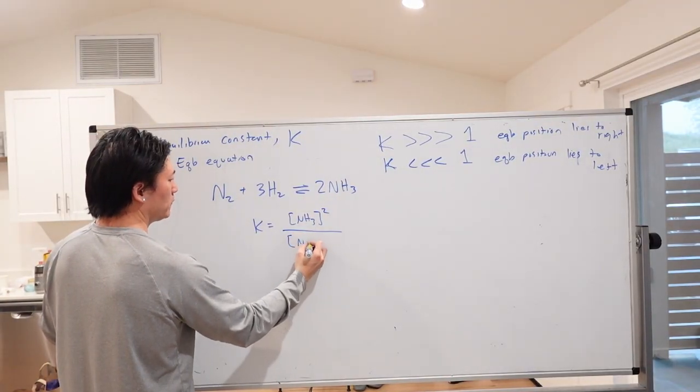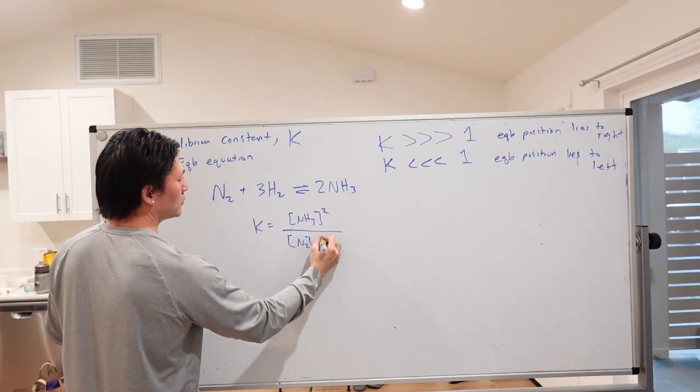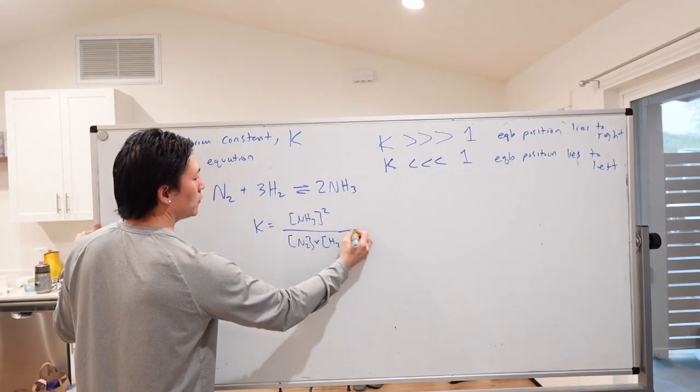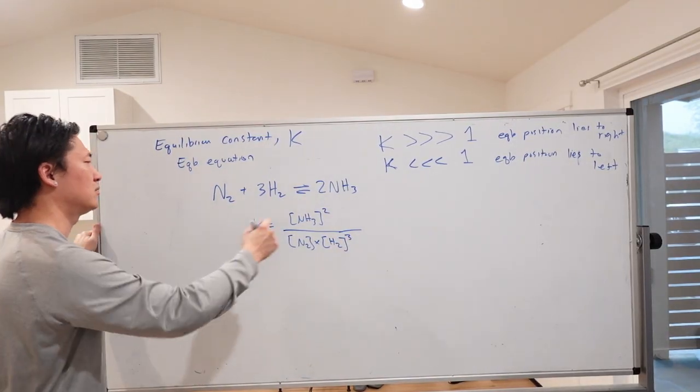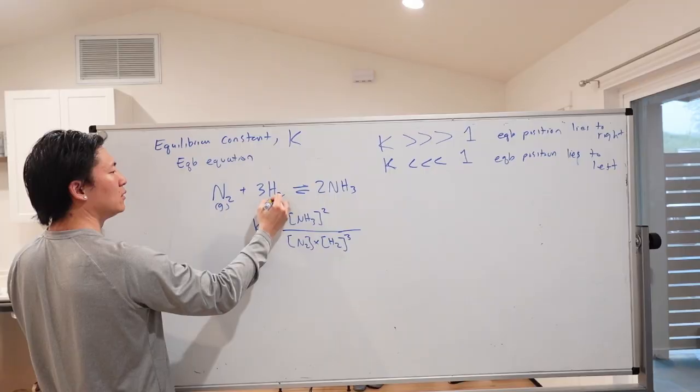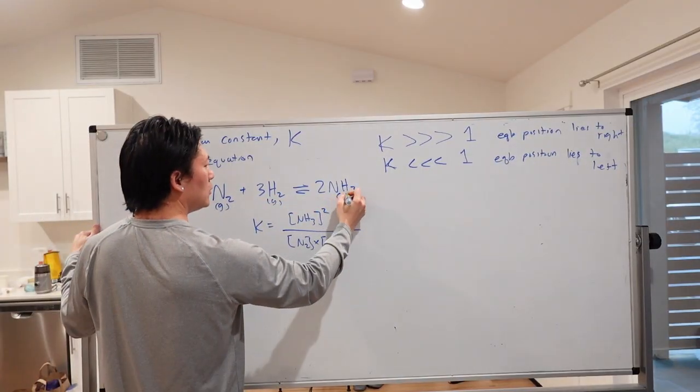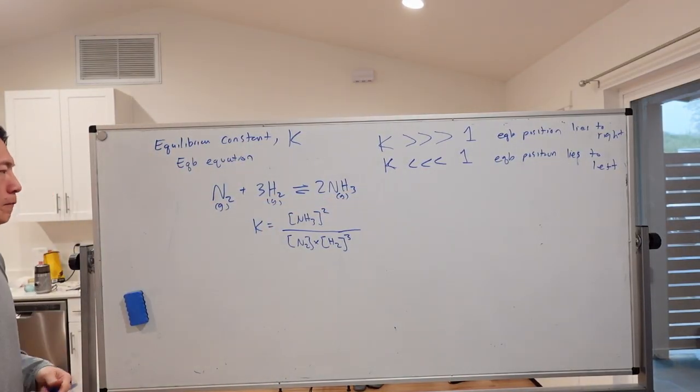Here's N2 times H2 cubed. They're all gases, so you can do this, no problem.